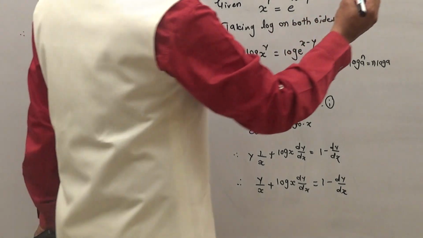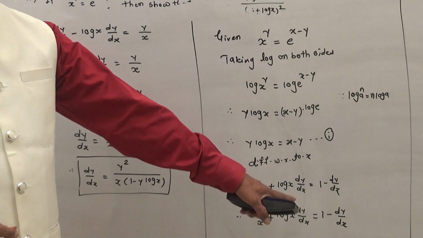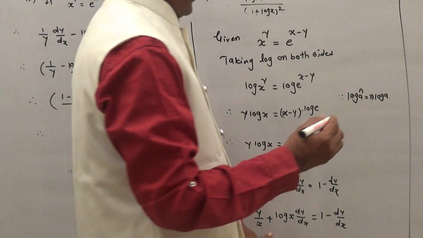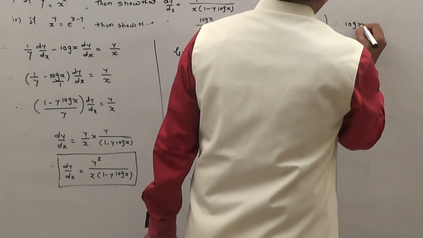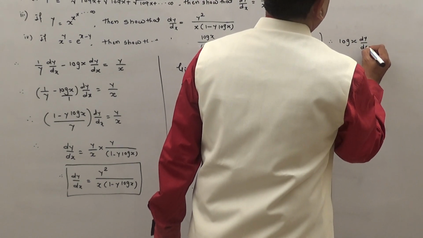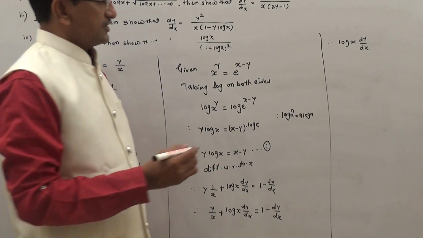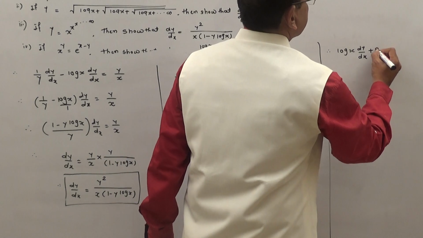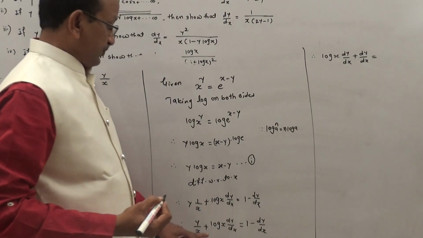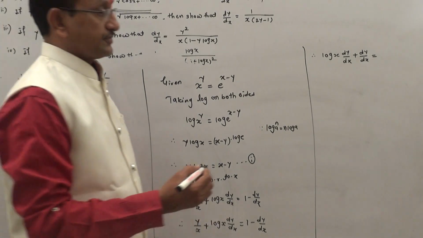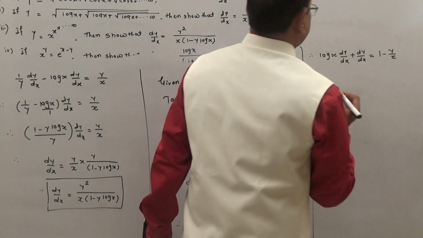By implicit function, take terms involving dy by dx on one side. It is log of x dy by dx, minus, on this side it is plus, dy by dx is equal to 1 minus y upon x.